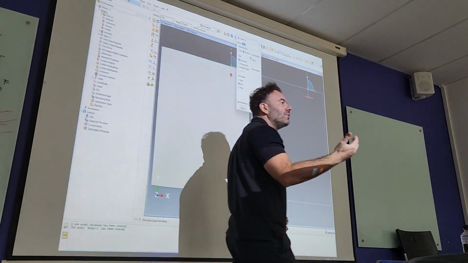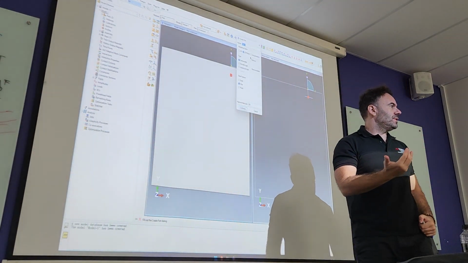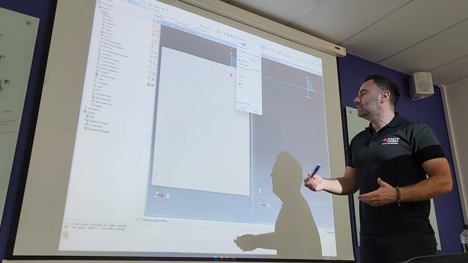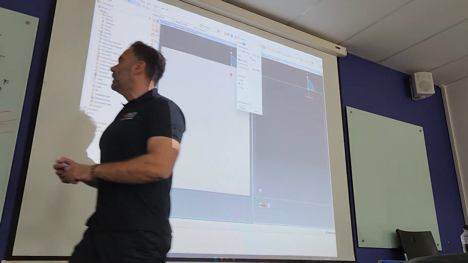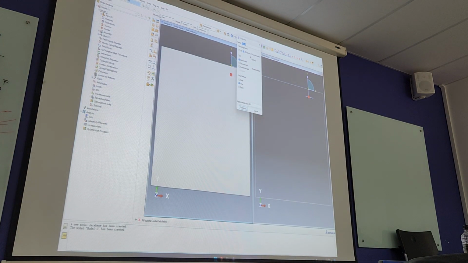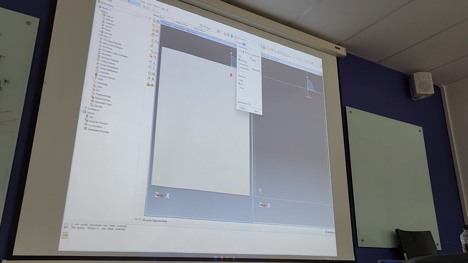So you could have three-dimensional beams if it's required. An example of that would be if you have a structure that looks like that, and you've got a force that goes on the side.